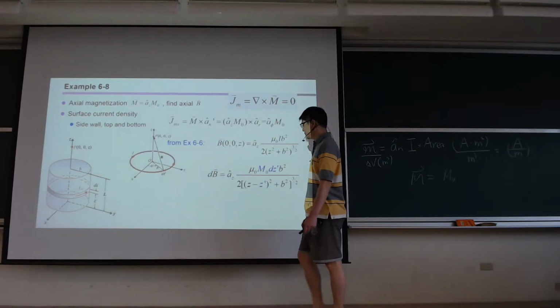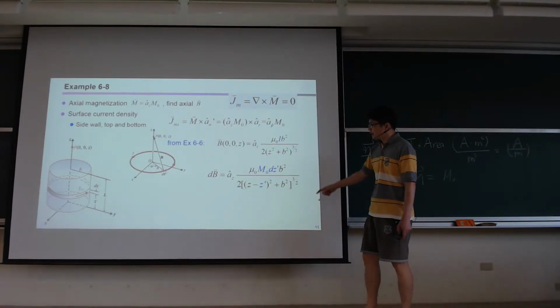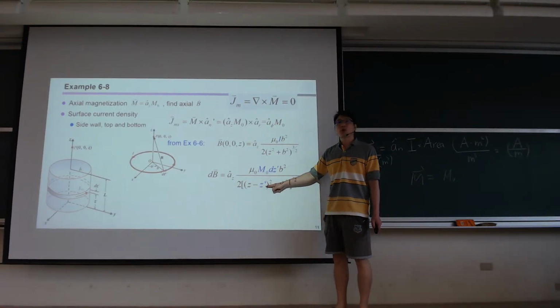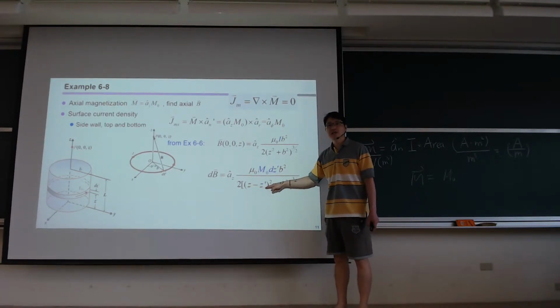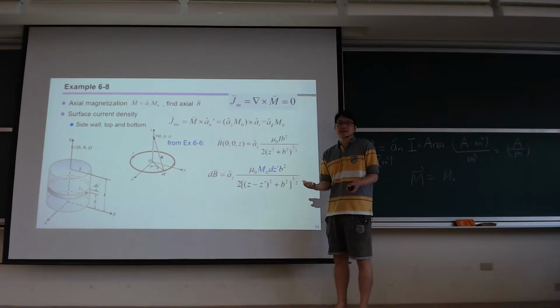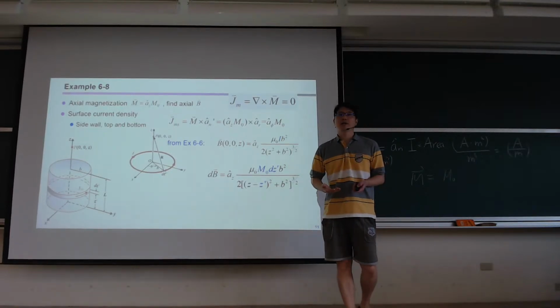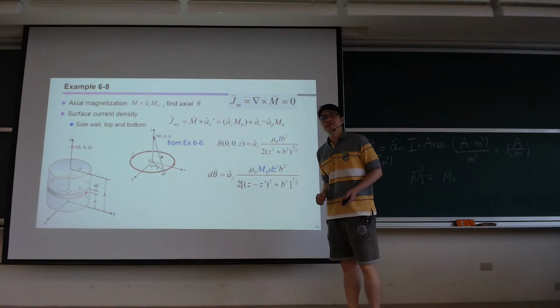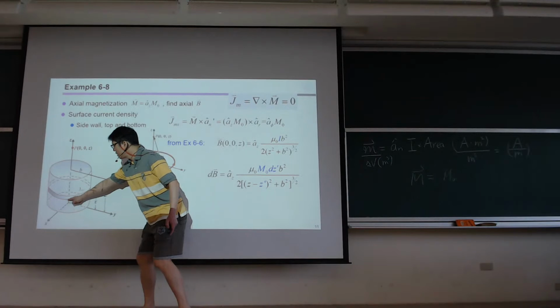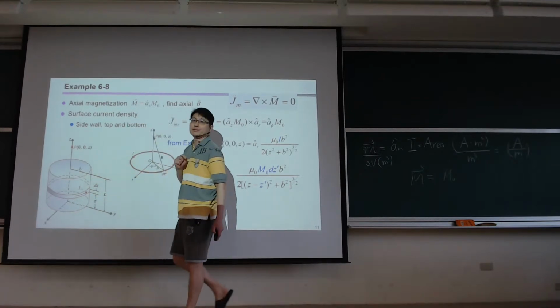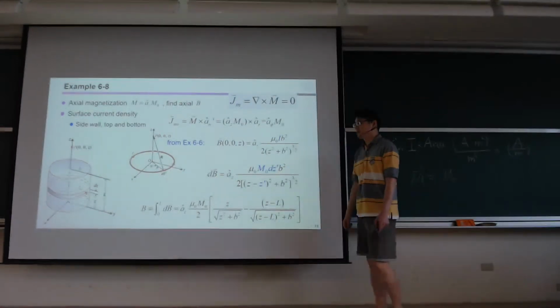Okay? And I have to take care of the proper distance from my observation point to its own z location. And that's it. And then I integrate z prime from 0 all the way to h. And that's it. Okay?